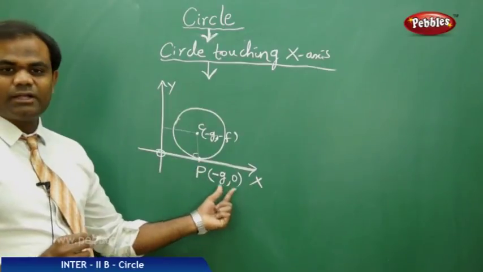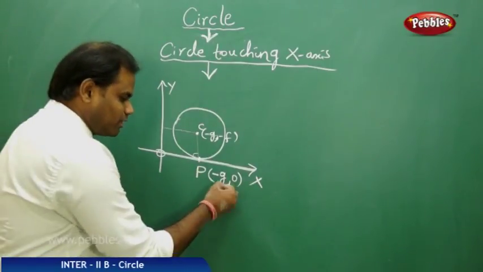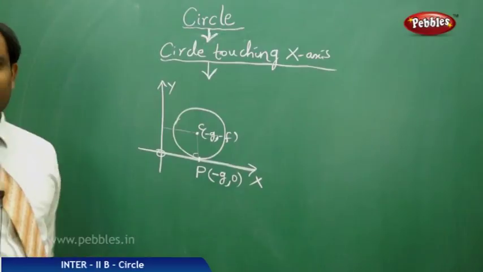So the x-coordinate is minus g comma 0, the point where the circle is touching the x-axis.